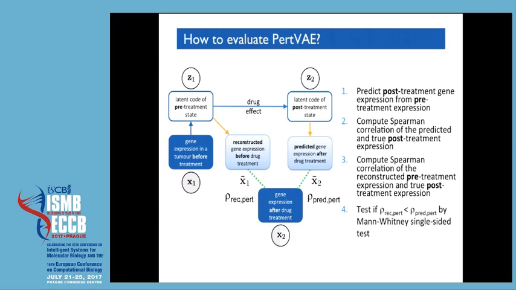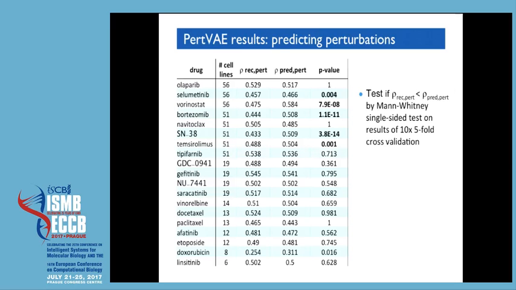As I said, we initialize the drug effect function first as identity, and it learns this during the training. And if on our test set we see that this correlation is higher than the correlation with just reconstruction, then the drug effect function does at least something reasonable.